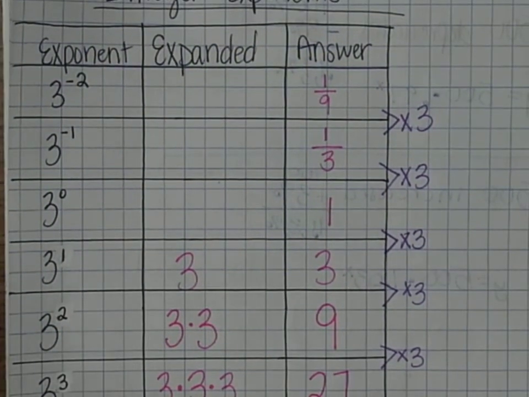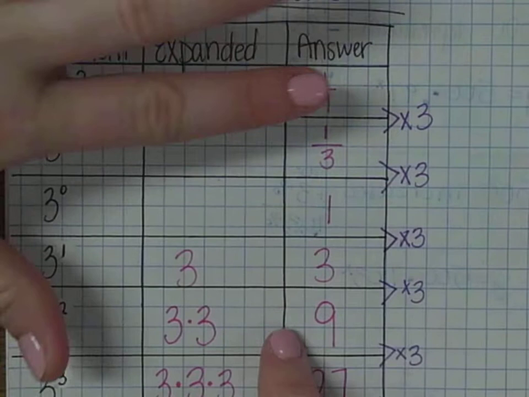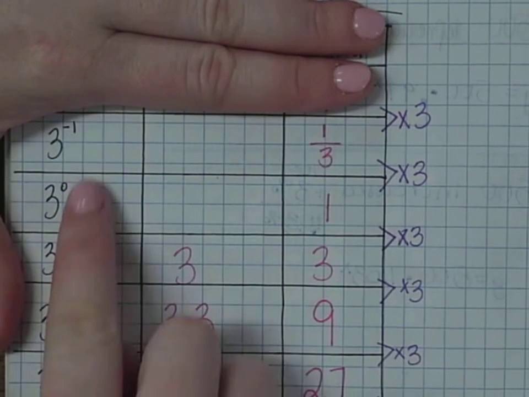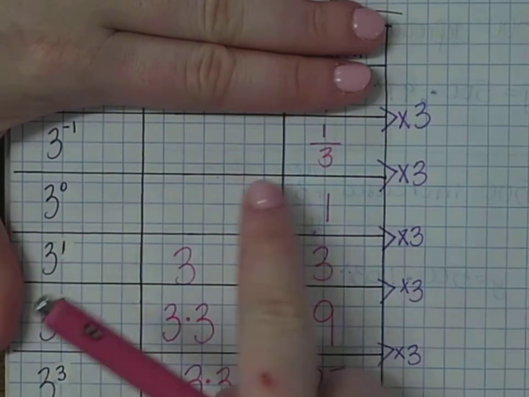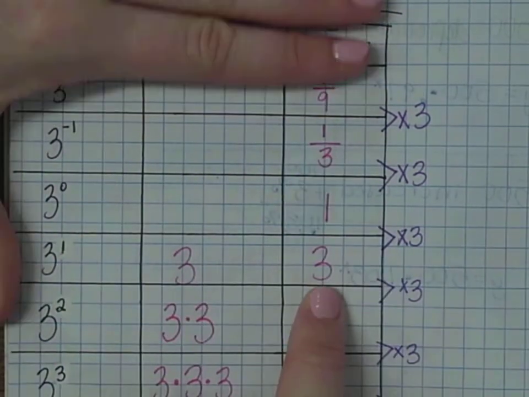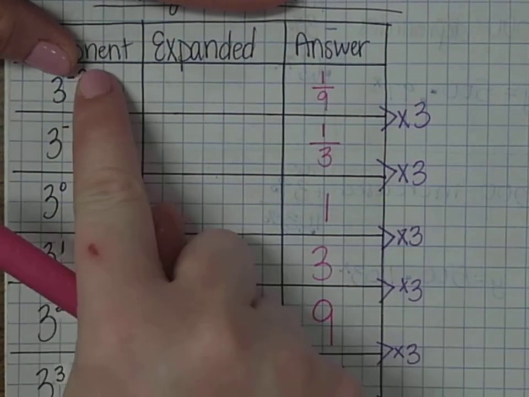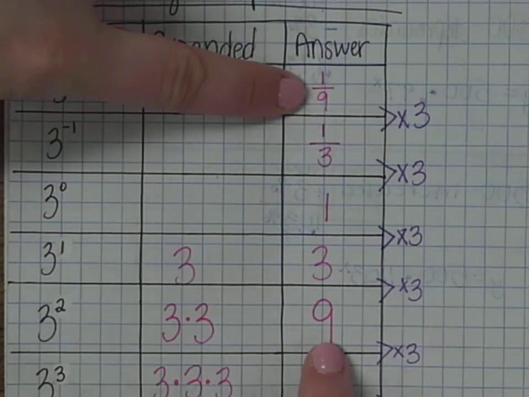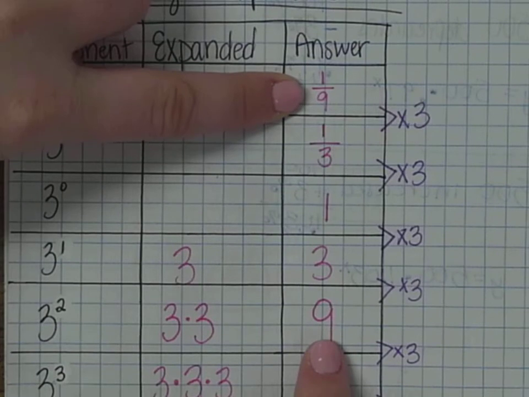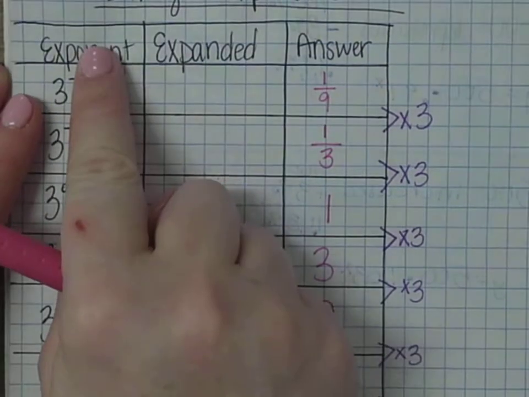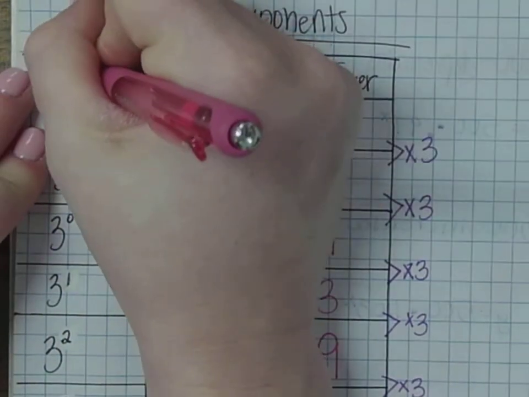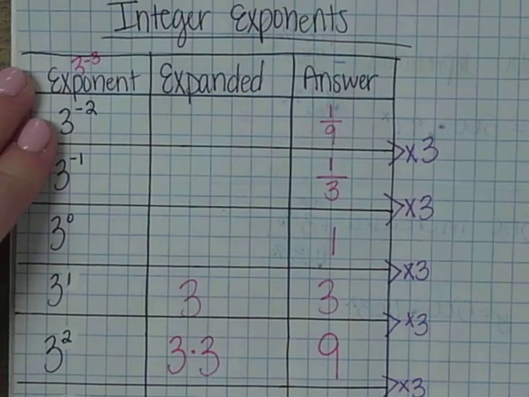So now let's look at this. Notice the pattern. If I look at 3 to the negative first and 3 to the first, that's 1/3 and 3. Look at 3 to the negative second and 3 squared: 1/9 and 9. Do you notice a connection? Do you think we could find 3 to the negative third?